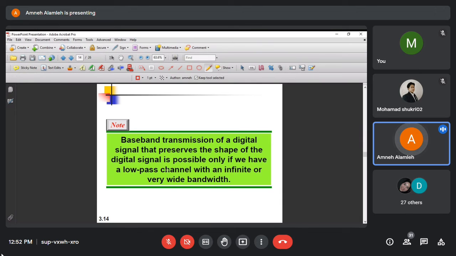As we said, the low-pass channel can transfer very low frequencies, down to zero frequency. And when the frequency is near to zero, then we have an infinite or very wide bandwidth.